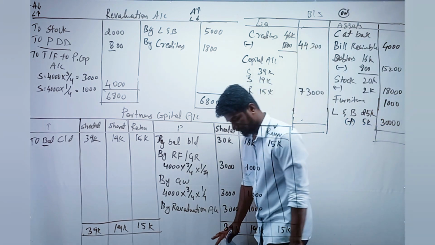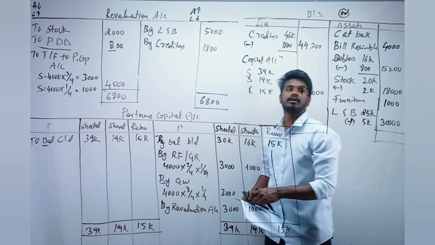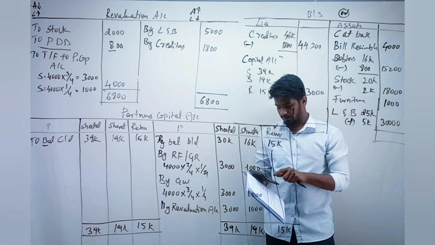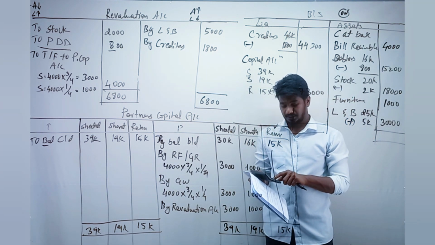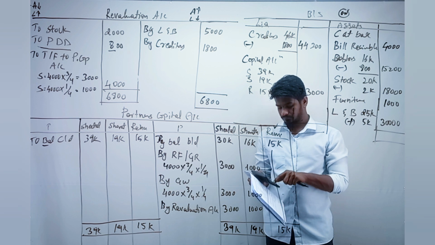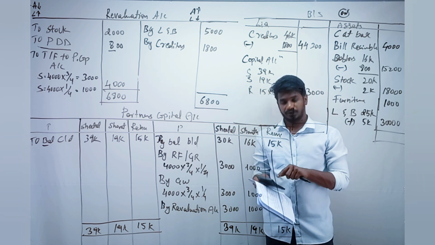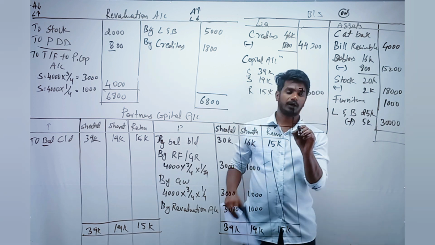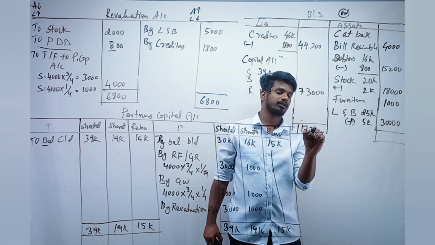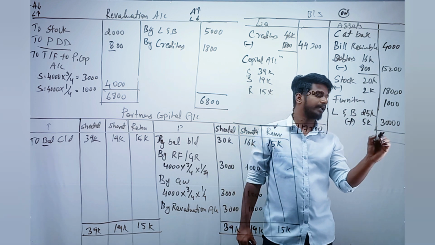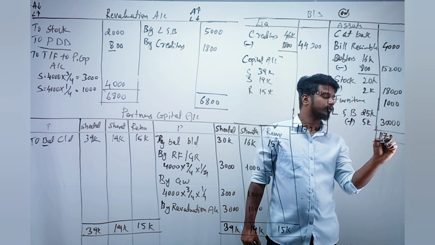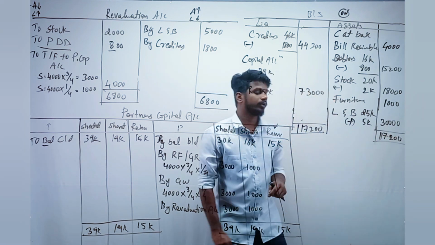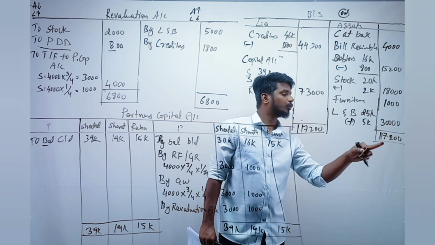Total the liability first. How much is it? 73,000 plus 44,200 is 1,17,200. It is 1,17,200.